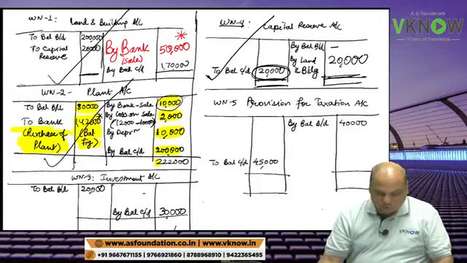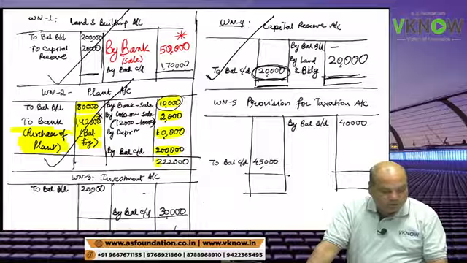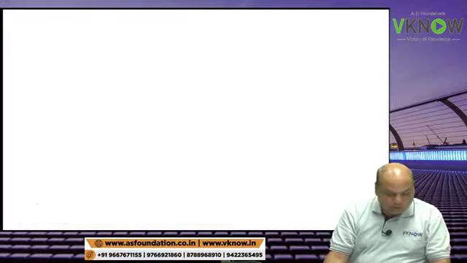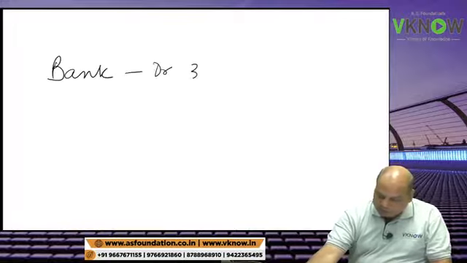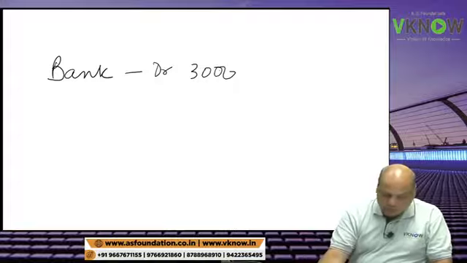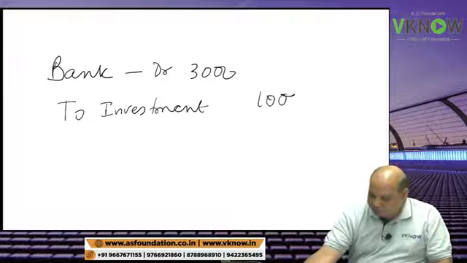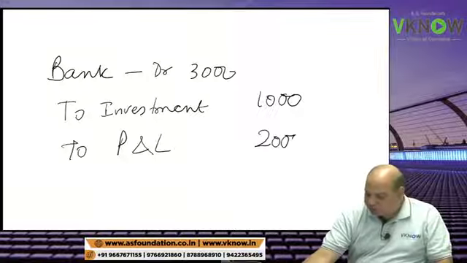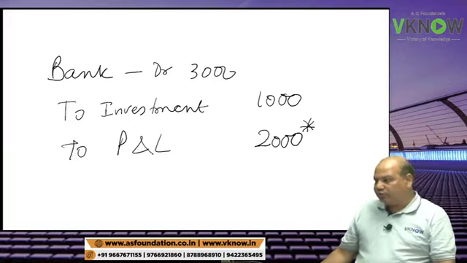This is also closed. One more, adjustment number 3. Adjustment number 3 says rupees 3,000 by way of dividend is received. So bank account debit 3,000. 1,000 was out of pre-acquisition profit which was credited to the investment account, which means the dividend income transferred to the P&L account was 2,000.